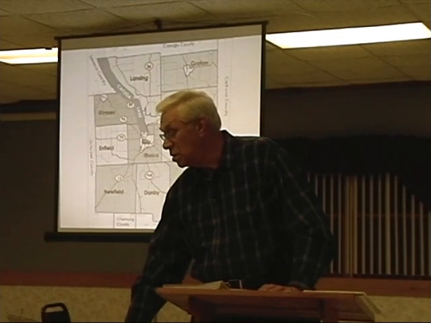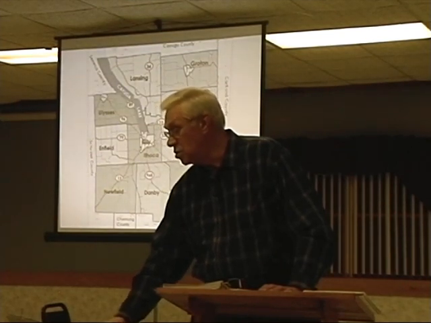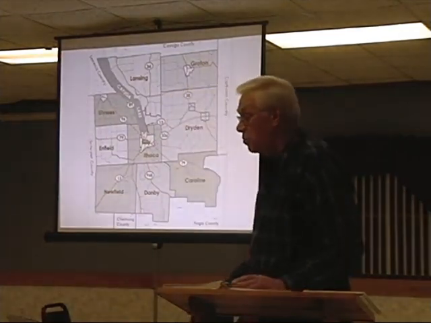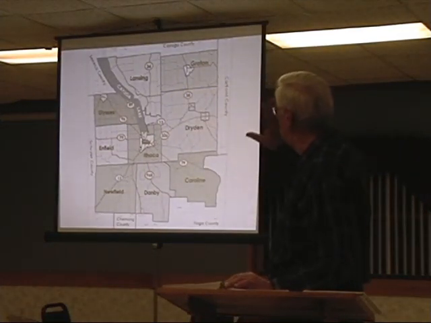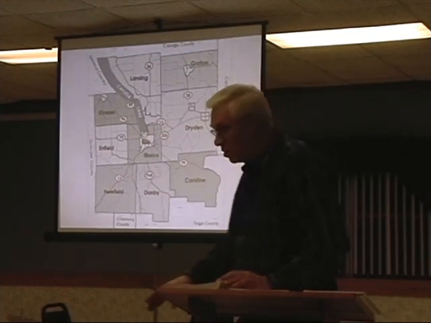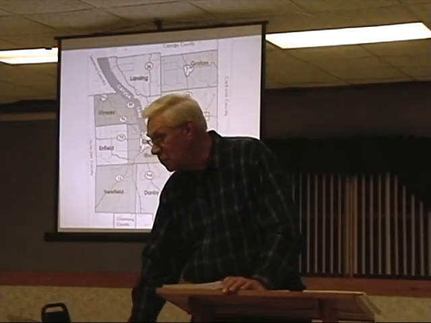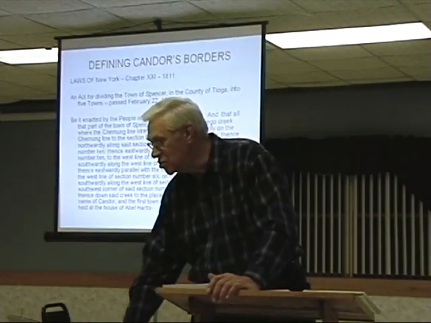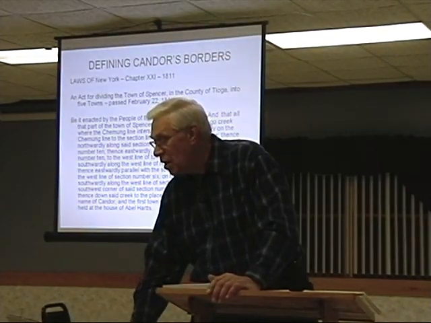This is just to show you part of Tompkins County: Caroline, Danby, and Newfield, the parts that were taken off and made part of Tompkins County. I only have one that shows Manhattan. But this is in here just as a neat map. It just shows more of the counties.